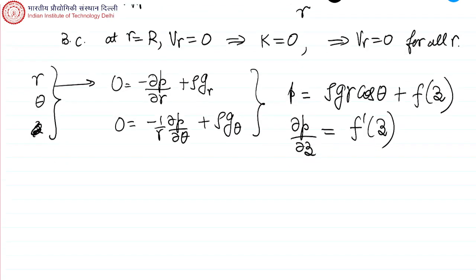Now what we do is, we move to the Z equation where we have Vz is equal to Vz of R. Now, here let me write the full equation once.